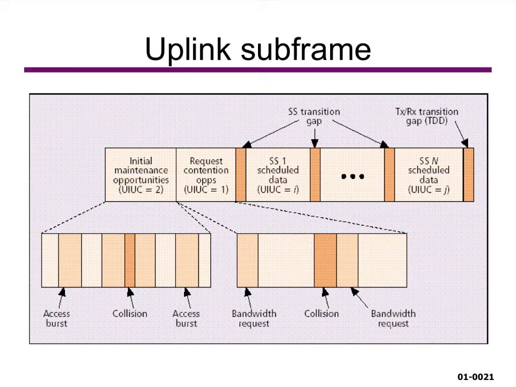What I'm trying to say is that I can get some information about the demands of these nodes in two different ways. Either the base station can take some measurements, or it can get some information from the nodes, where the nodes provide explicit requests to the base station, okay, which is particularly important for multimedia or traffic that requires quality of service, to indicate to the base station that they need certain resources to be assigned to them.